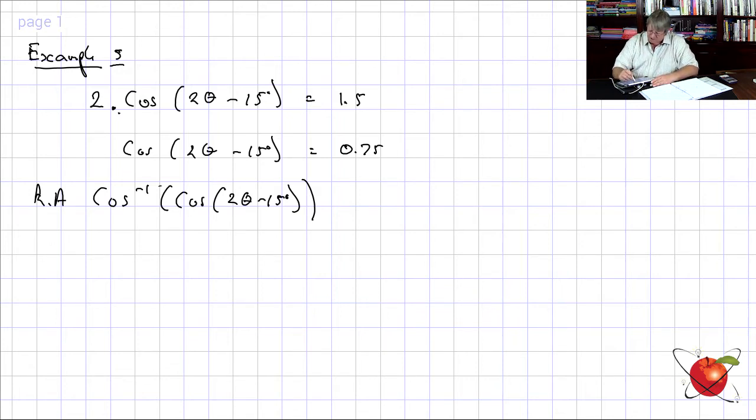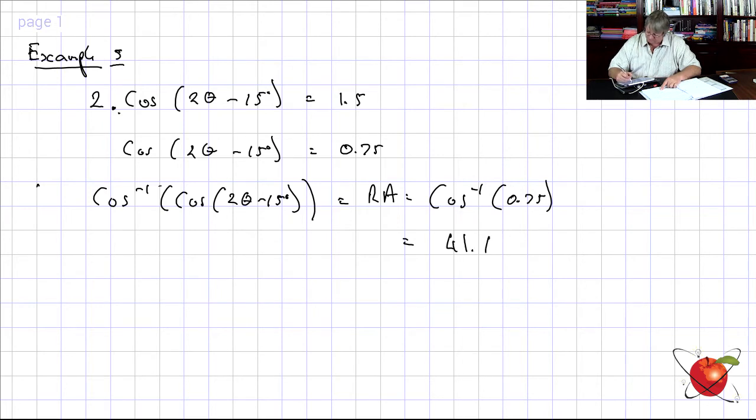This is equal to the reference angle, which is equal to arc cos of 0.75, which is equal to 41.41 degrees. So that's the reference angle.